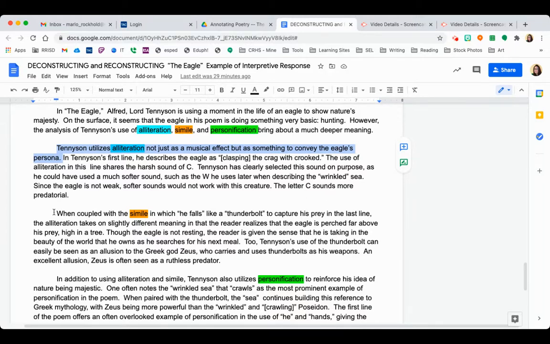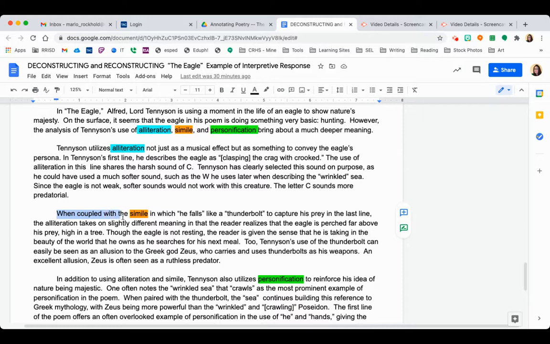So now, if I were the reader, I would know that in this paragraph the writer is going to talk to me about who the eagle is, what visual art is being conveyed as to who this particular eagle is.